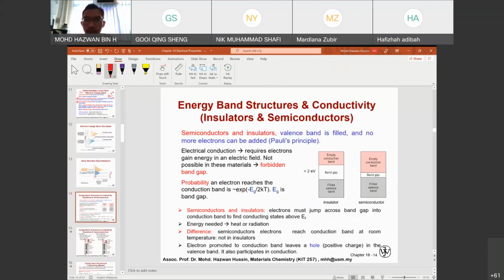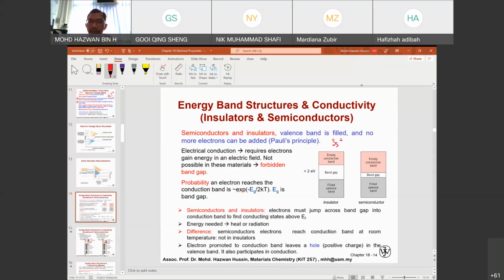Okay. So first, we are going to understand the energy band structures of insulators and also semiconductors. Semiconductors and insulators, the valence band is filled and no more electron can be added. So this is actually Pauli's principle. It means that whenever we arrange it into this configuration, the valence band is normally filled. Katakanlah the valence orbital is S. So it has 2s, maybe 3s2.